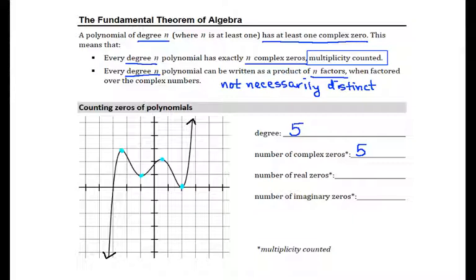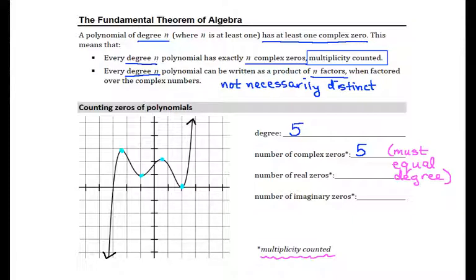This is the theorem that we just saw. So we're talking about multiplicity counted, which means that if we had a zero of multiplicity 2, that would count as 2 zeros toward the fundamental theorem of algebra.